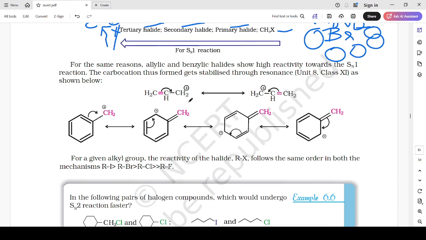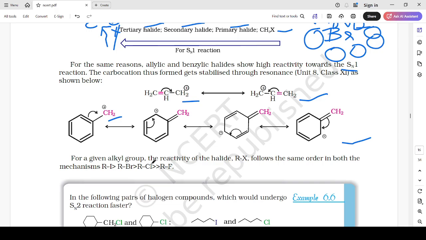For the same reasons, allylic or benzylic halides show high reactivity towards SN1. If carbonium ion formation is the one determining the reaction, then definitely allylic and benzylic carbonium ions will much more stabilize this SN1, isn't it? That's what the reaction is showing you.